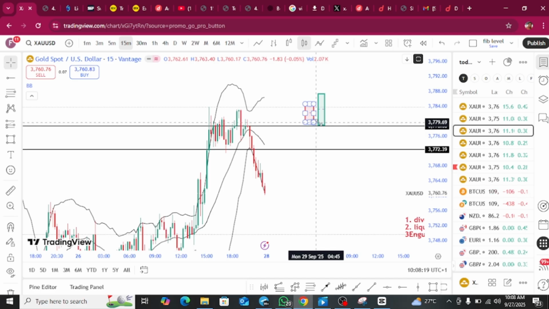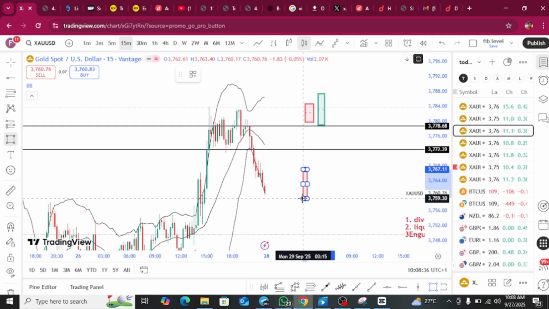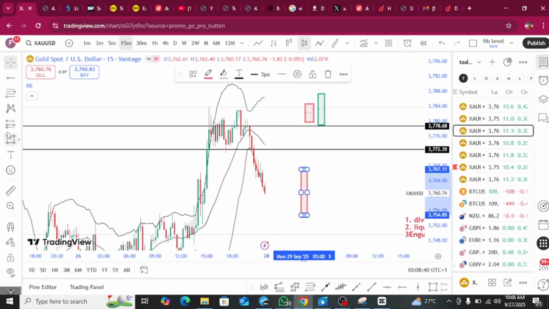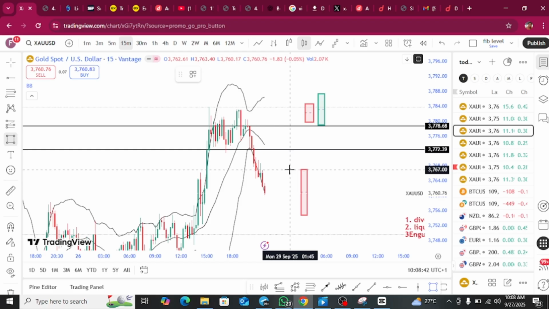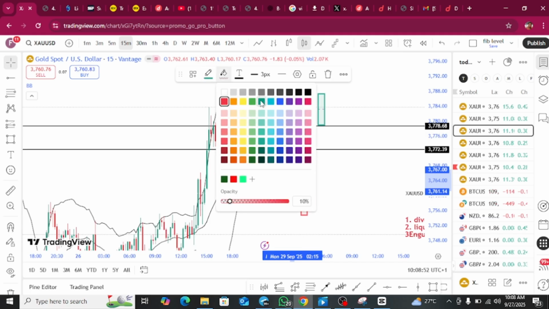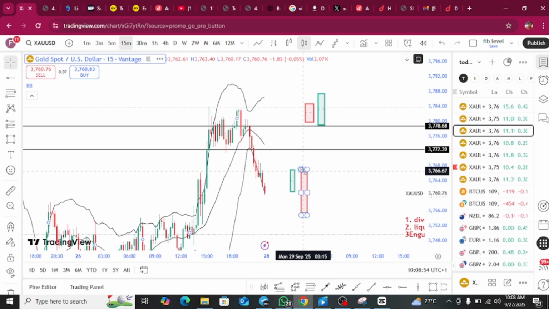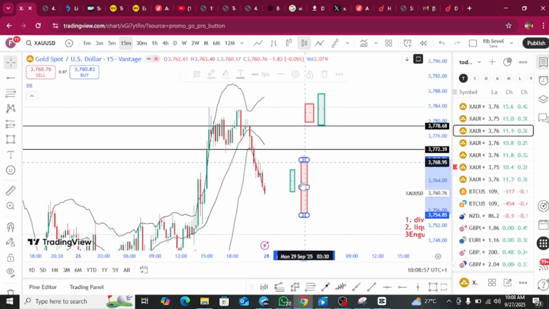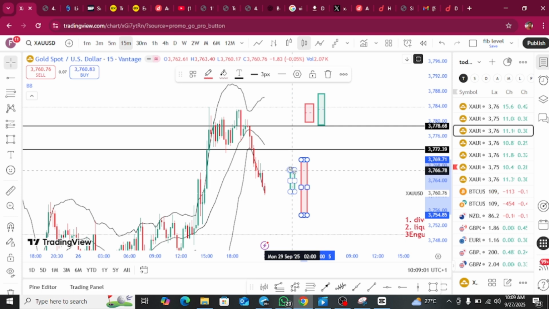This is a bullish engulfing candle. This is for a buy. This is what you'll be looking out for if you want to buy. And then for a sell, the red candle will engulf the green candle. This is what you are looking out for, that one candle will swallow the other one. So this is how they look.